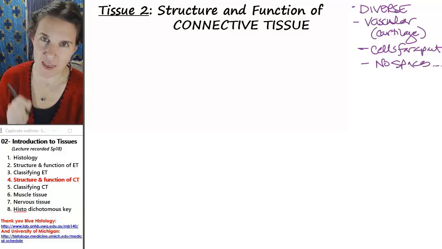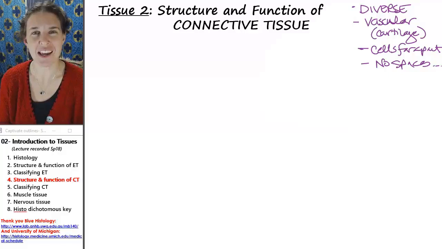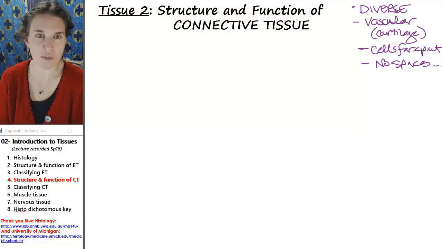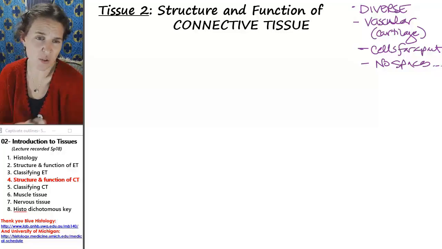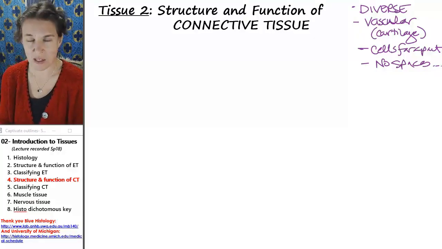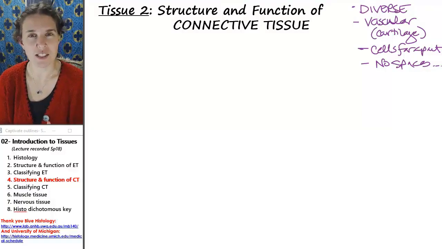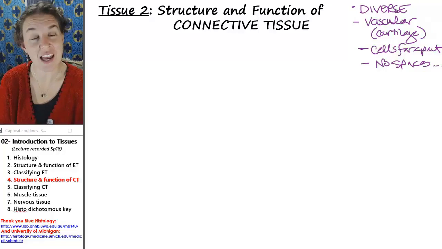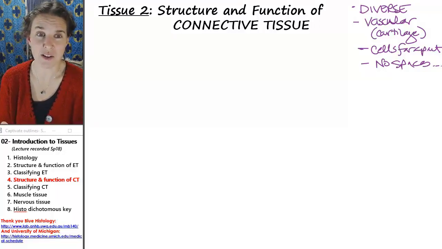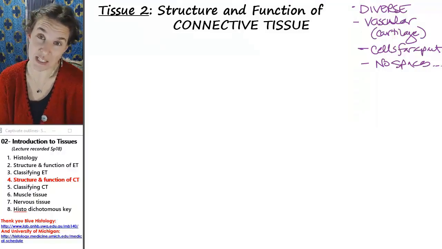Now, I say that, and I guarantee in lab today, you will look into your microscope and you'll be like, dude, this is an example of dense irregular connective tissue, and look, there's a space and there's a space. There's definitely things that look like spaces, and often in histology, the slides have what we call artifacts, which means there are spaces in places where that's not actually where a space is in life.